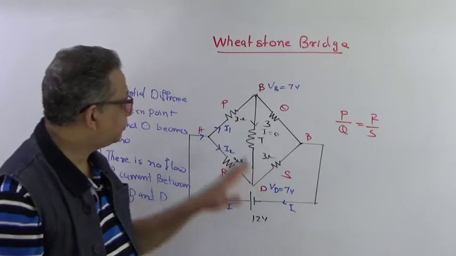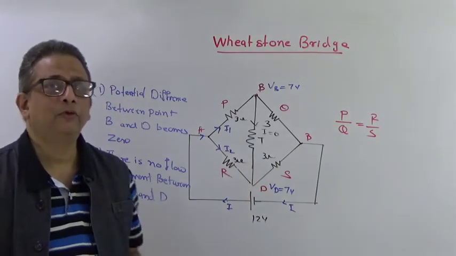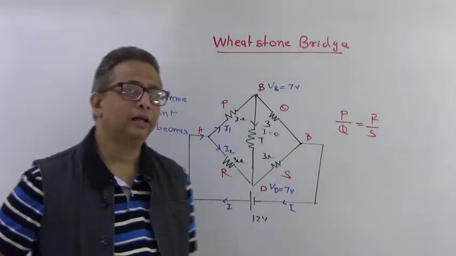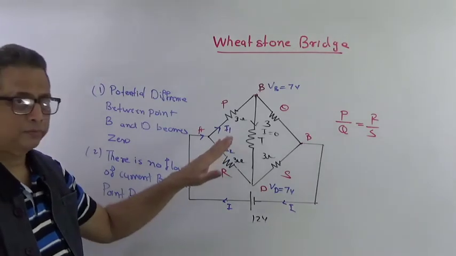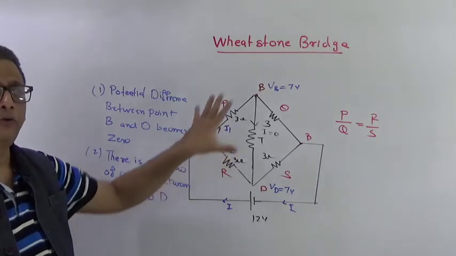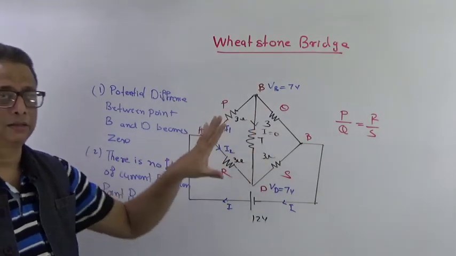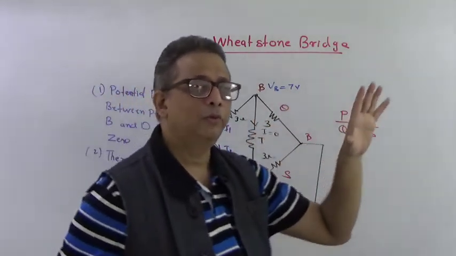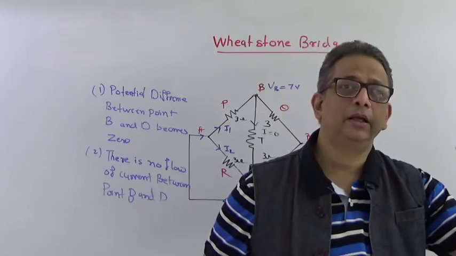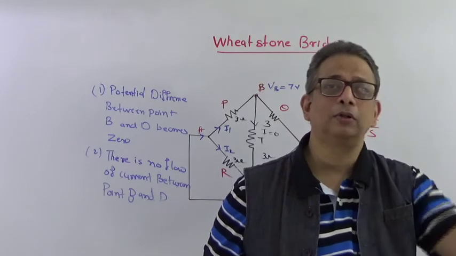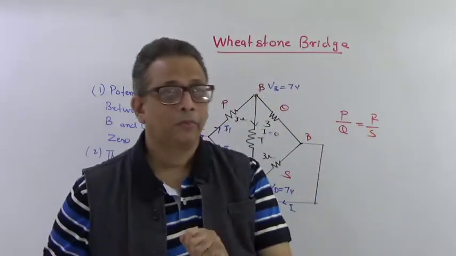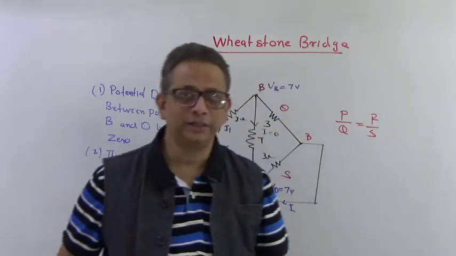Now if such a circuit is given, and you have to find the current I flowing in the branches, or find the equivalent resistance of all the five resistances, you have to use the method of grouping of resistances.